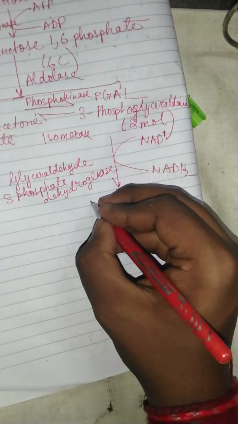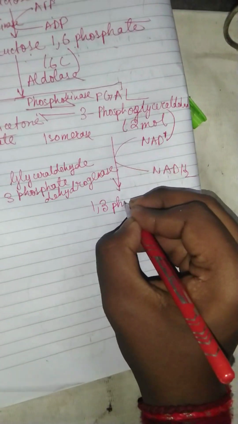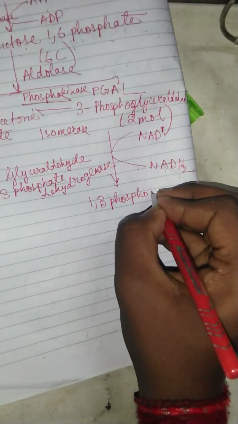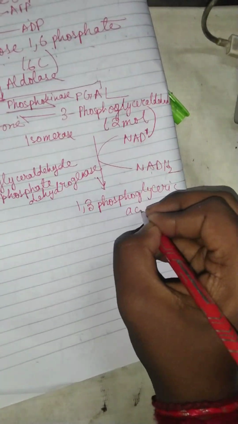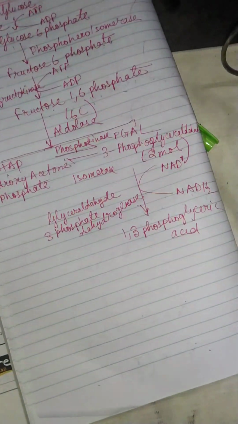It forms 1,3-bisphosphoglyceric acid. This one is formed in this process.